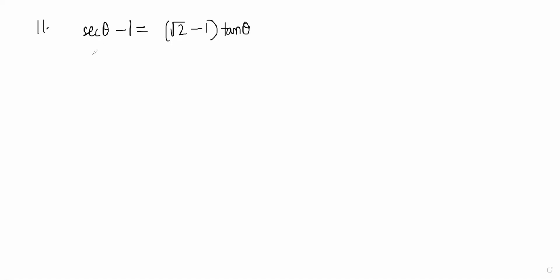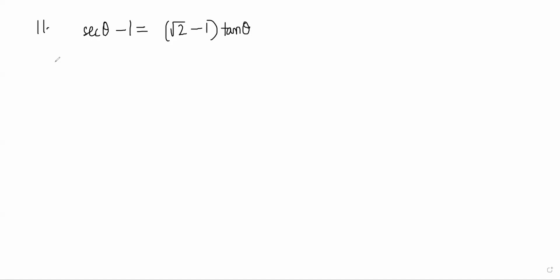If I square it, what will happen? It will become tan square theta and sec square theta and all, right? Yes, sir. Squaring is one possible option. Is there any other option?